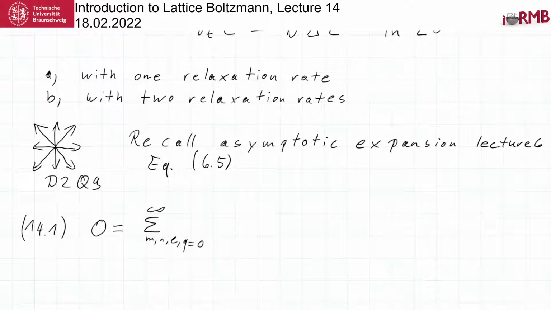This starts from 0 and goes to infinity, and now here comes this Taylor series expansion in space and time, together with our smallest parameter in diffusive scaling, epsilon to the power of 2m plus n plus l plus q, divided by 2 to the power of m plus n plus l.